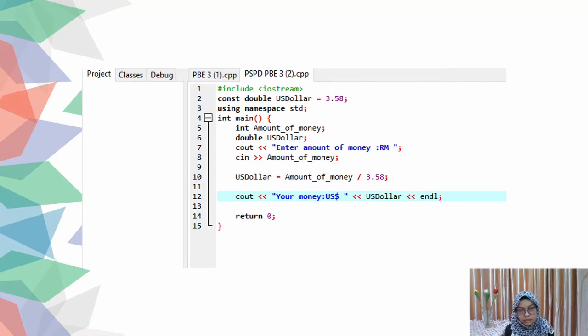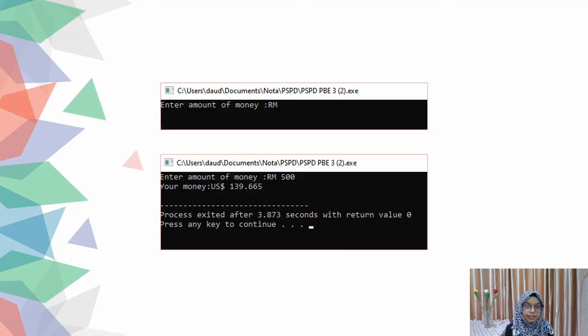The output is enter the amount of money, and the input is the amount of money that you want. And then the US dollar equals the amount of money that you type in divided by 3.58 ringgit. And the output is your money in US dollar. And it will end the program.